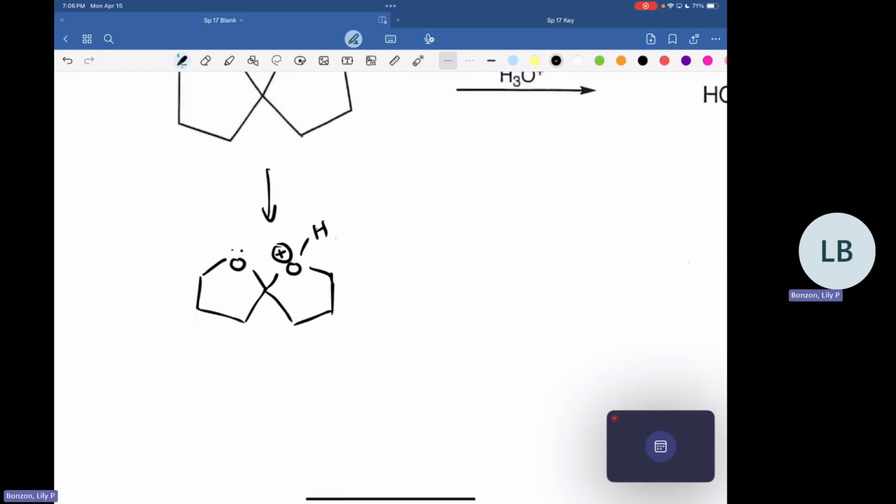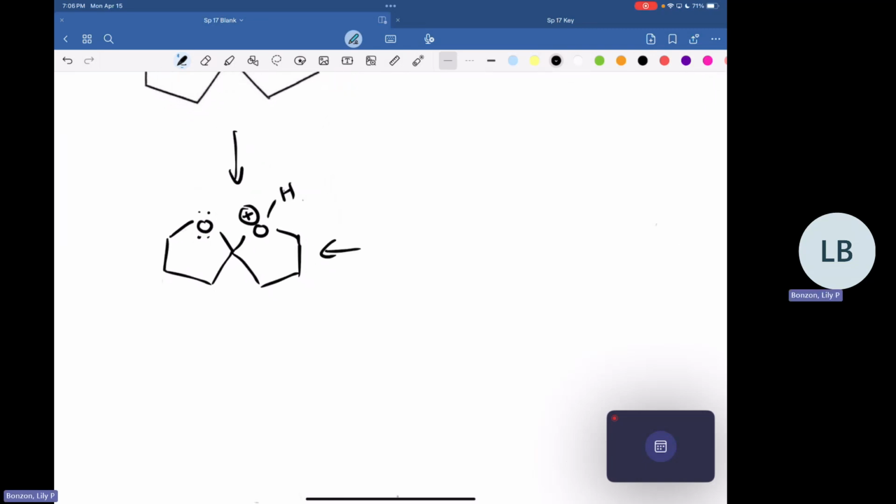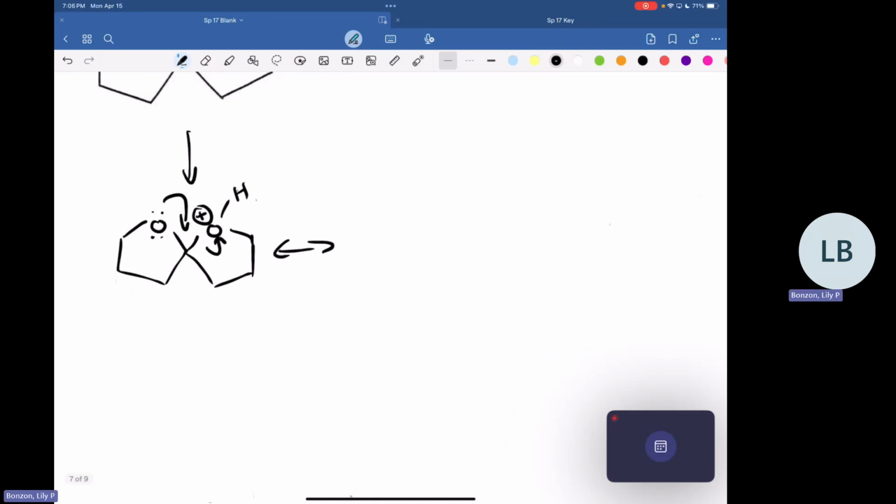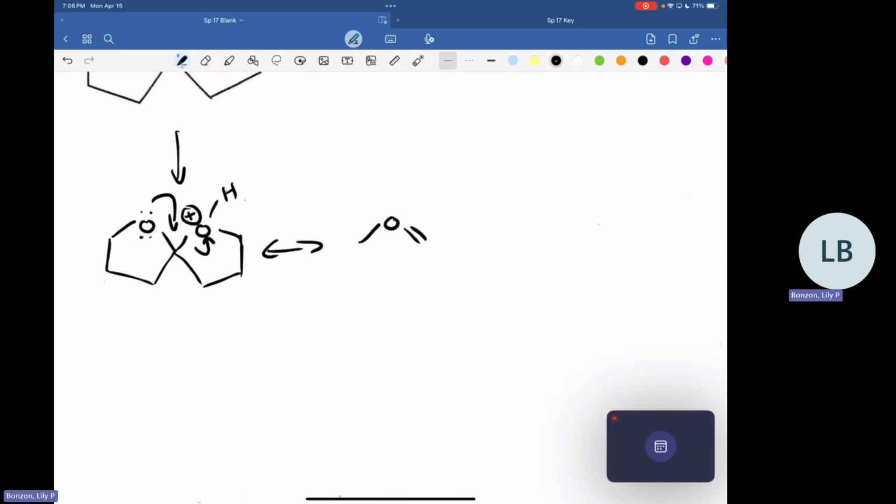What will happen next is the other oxygen will shift its electron density towards that positive charge. So it's going to attack there, and then it's going to kick out the protonated oxygen on the other side. Now that kicks out the other oxygen to form an alcohol.